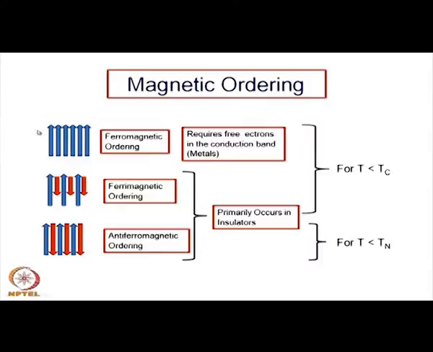Now, this is what we call a ferromagnetic ordering, this is ferrimagnetic ordering, and this is antiferromagnetic ordering. In ferromagnetic ordering, each of the atoms or each of the magnetic moments is aligned in parallel orientation. We will look into what exactly it means, but all the magnetic moments are oriented parallel, pointing to the same direction, and therefore there is an additive effect.